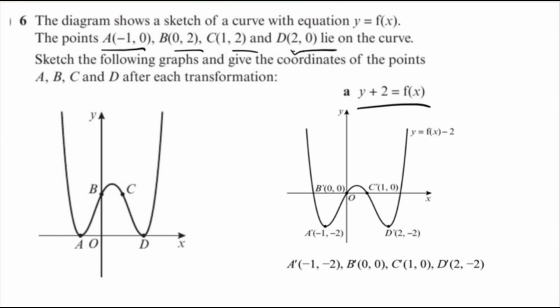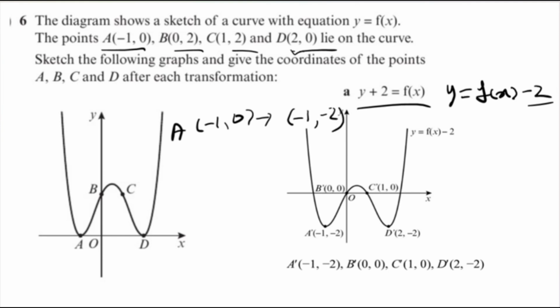First transformation is y plus 2 equals f of x. That means I can write y equals f of x minus 2. That means every y coordinate I have to do minus 2. So my A, which is (-1, 0), will become (-1, -2).